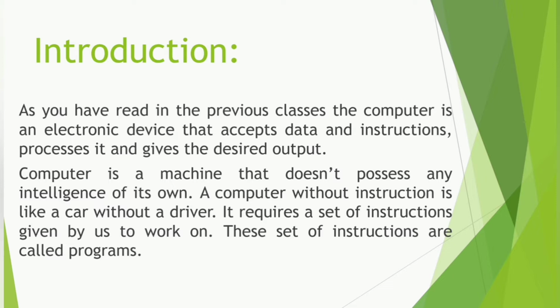A computer without instruction is like a car without a driver. It requires a set of instructions given by us to work on. So these set of instructions are called programs. Just like a car is not useful without a driver, we cannot use the computer without software.